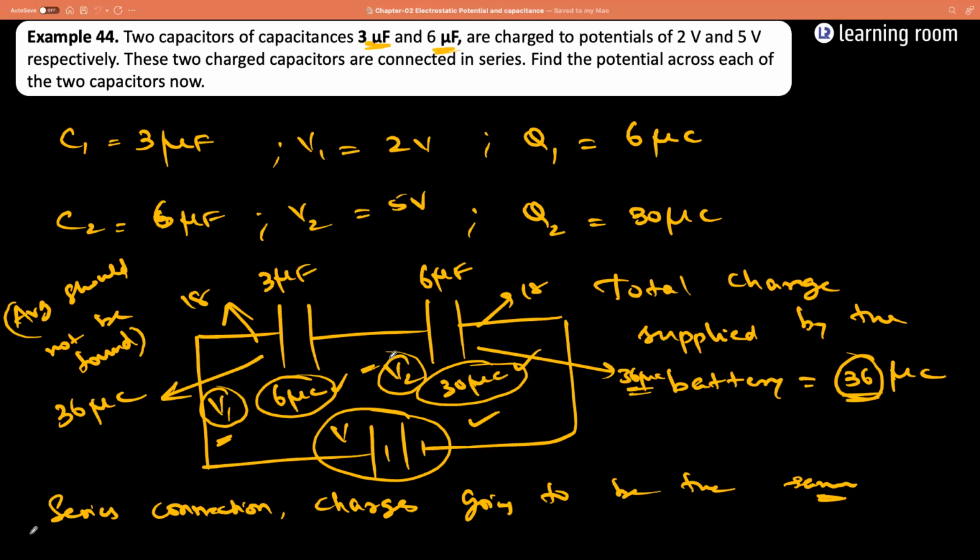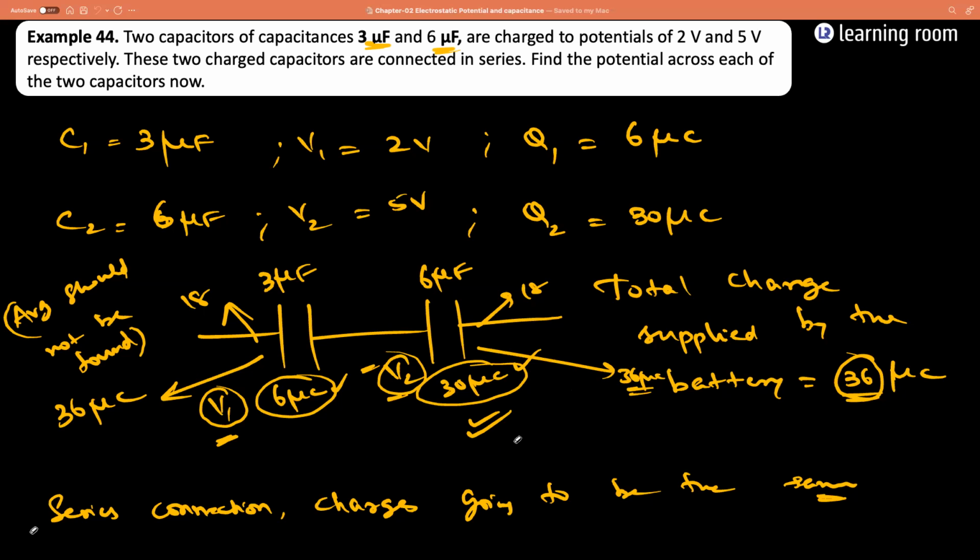Or I can put it in reverse, saying this has a potential V1 and this has a potential V2. The sum of both is this V. If this is what is bothering you, I can remove it. It is not mandatory, but at the same time, you cannot say you should not draw it. You can.